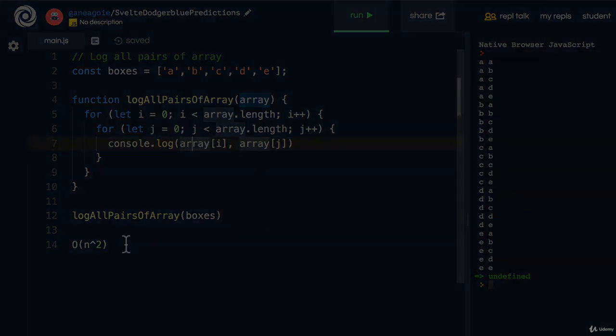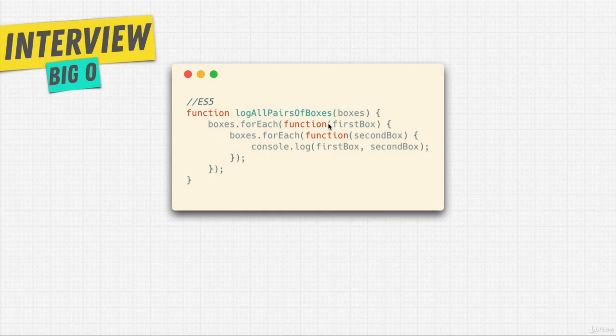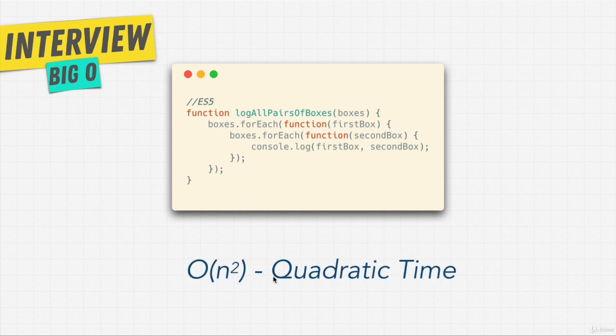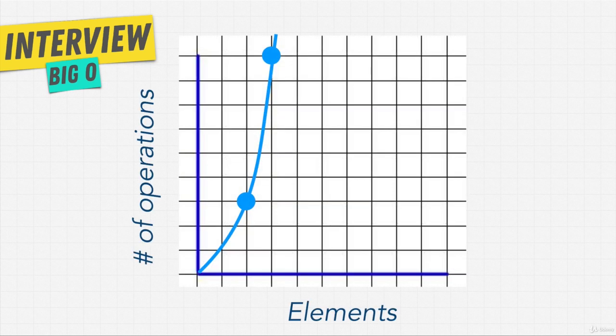And if we go back to our graph, this function that we just created, and I'm using the ES5 syntax here instead of the for loops we did, this O of n squared is what we call quadratic time. That means every time the number of elements increases, so let's say we have 2 elements, we have 4 operations that we do.